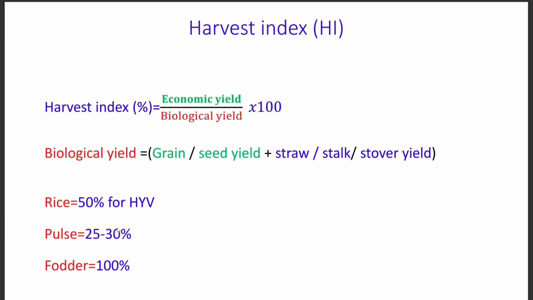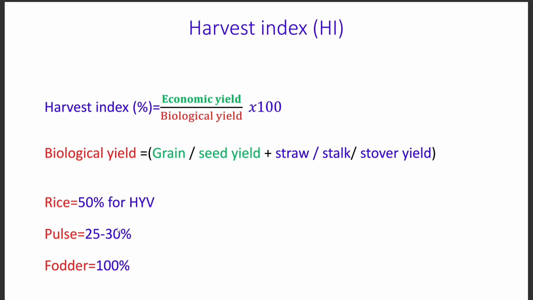After that, we have harvest index. Harvest index is economic yield divided by biological yield, multiplied by 100. So what is economic yield? Economic yield is the grain or seed yield. Maybe it could be pods, oil seeds, all those things that can give us a remunerative return.